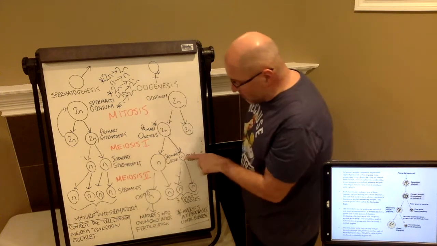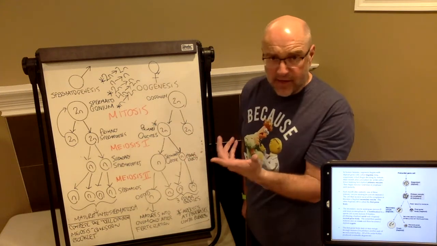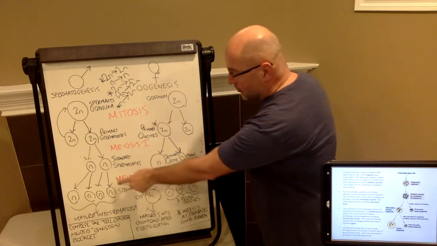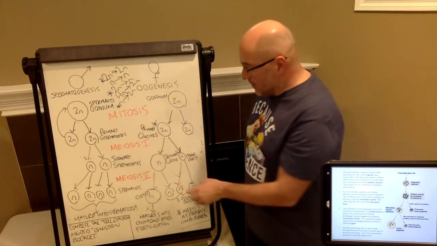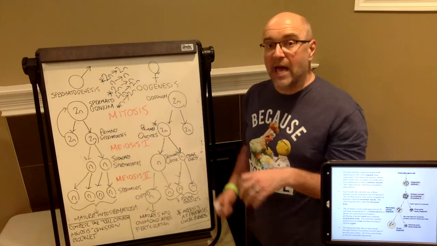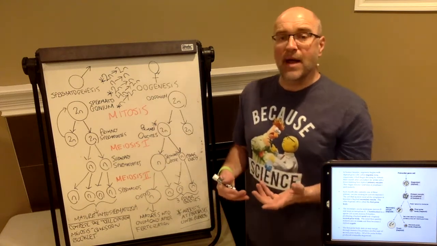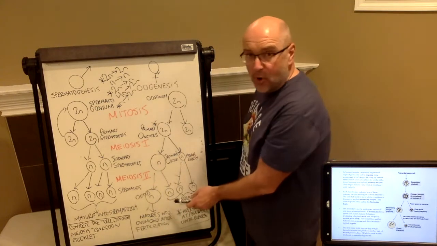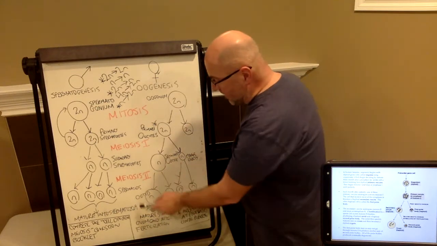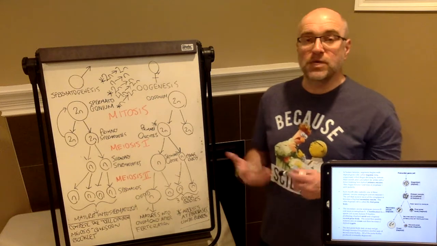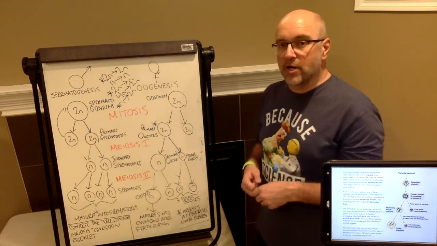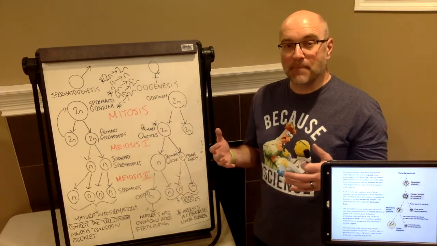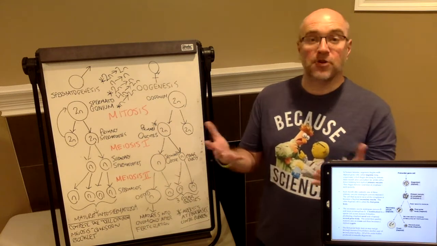Now, this polar body, which is useless, may or may not divide into two more polar bodies in the third round of division. But the secondary oocyte will again undergo an uneven meiotic division in meiosis 2, which will lead to a third polar body, but it will result in the big ootid, which is basically the progenitor to the egg.